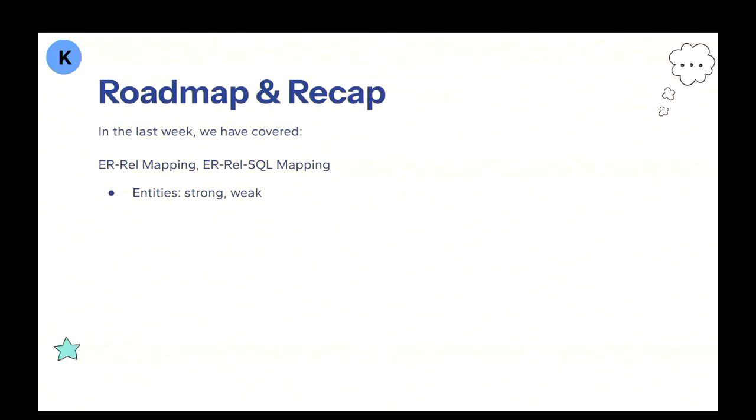For relationships, we have covered many-to-many relationships, and that's the easiest one to convert, because we just need to put in all the primary keys of the participants of this relationship.